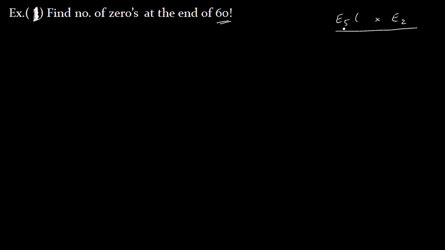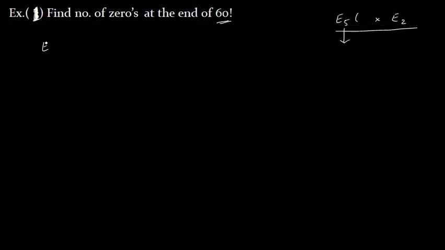In general, the exponent of 5 is less than the exponent of 2, so whatever the exponent of 5 is, it is basically the exponent of 10 also. So let us find the exponent of 5 first.